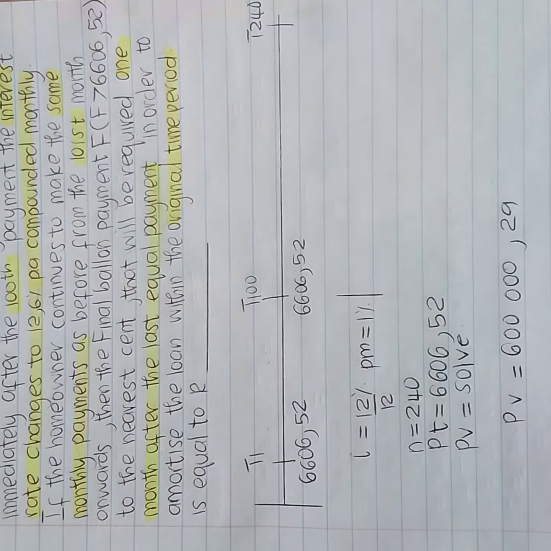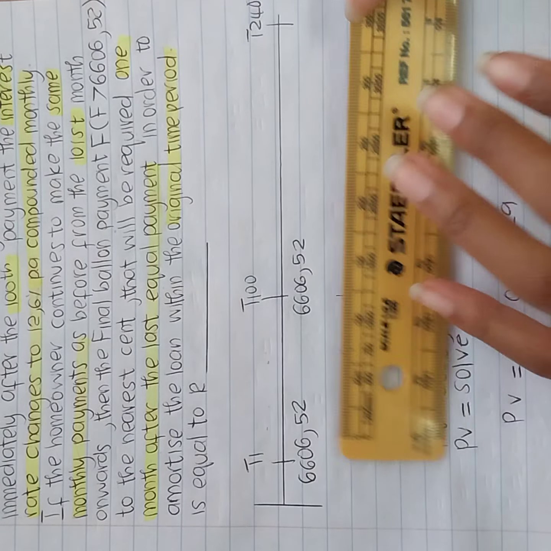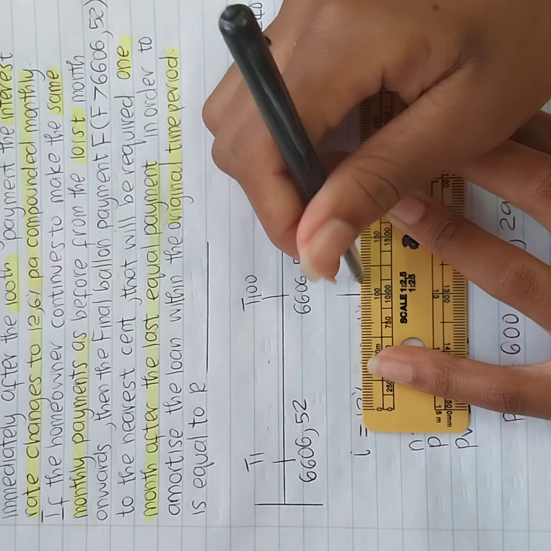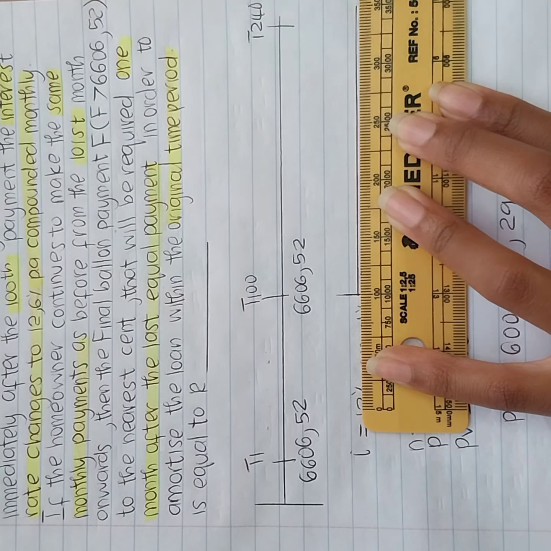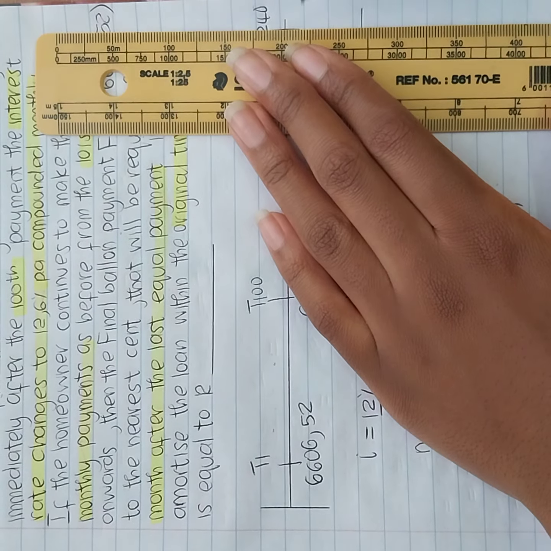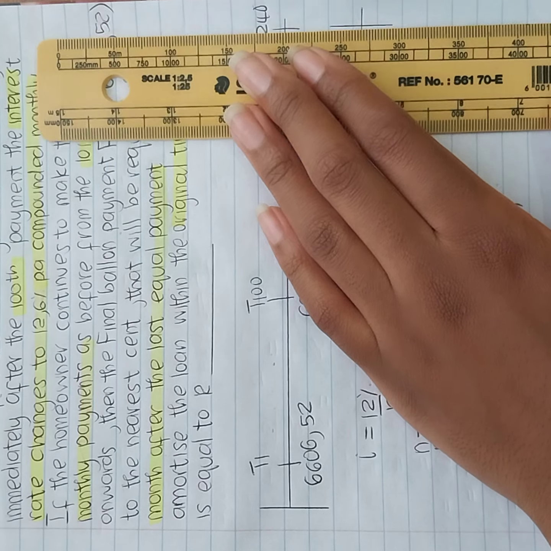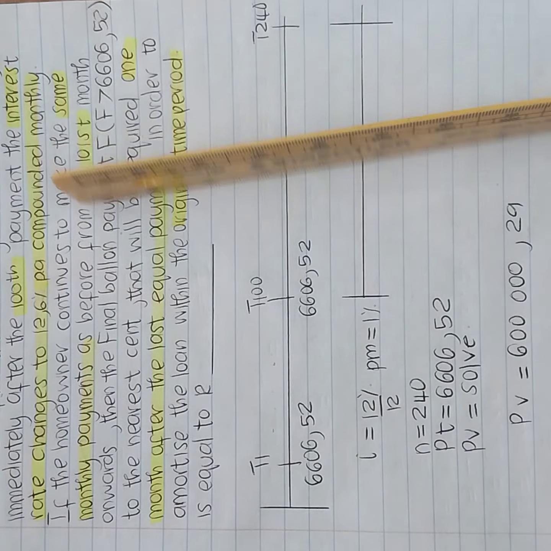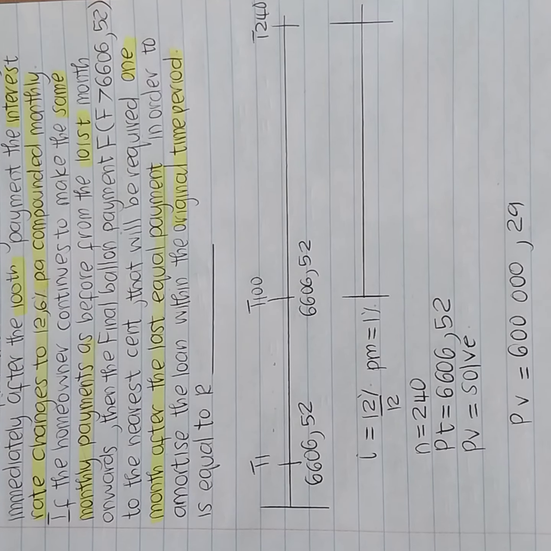So from T100, it changes. They said in the same or original time period, meaning that the last payment will need to be at T240. As much as they are saying that you are making a final payment, that final payment will be made 1 month after you have made your 6,606.52 payment.